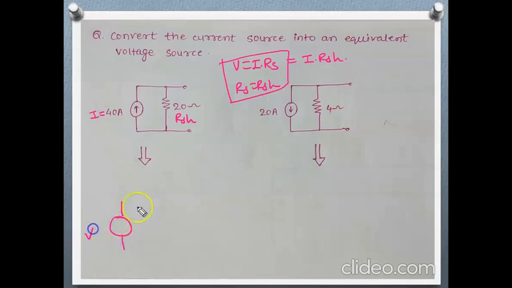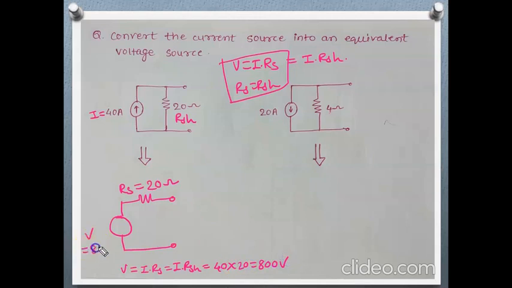This will be the V, and this will be in series with the voltage source. RS is nothing but RSH, so it will be 20 ohm. Let's calculate this voltage: V is equal to I into RS, that is I into RSH, which is equal to 40 given, into this 20, so 800 volt.